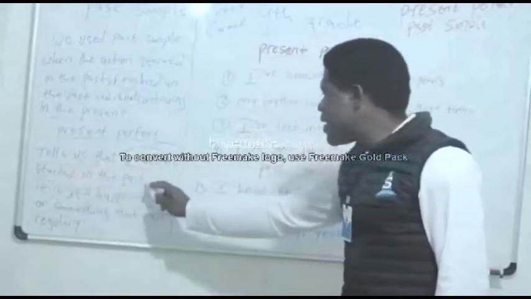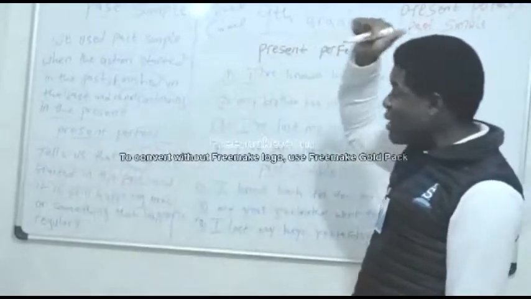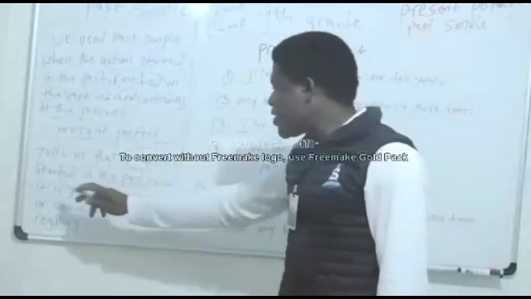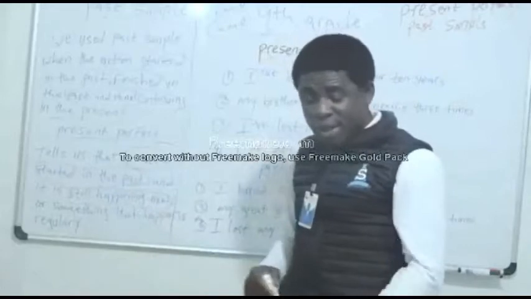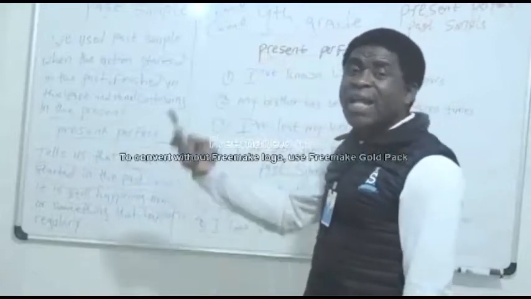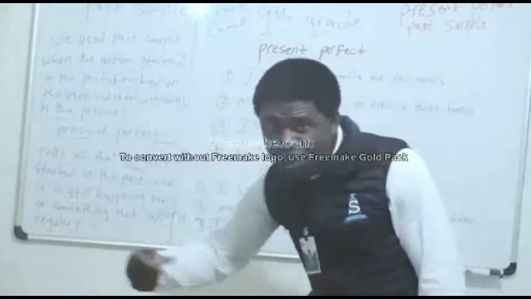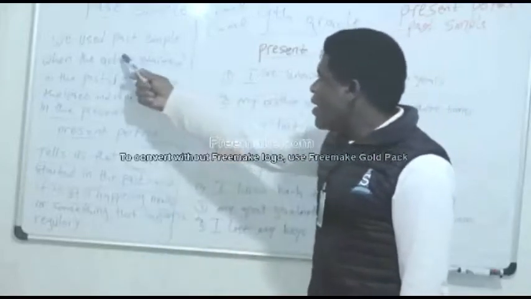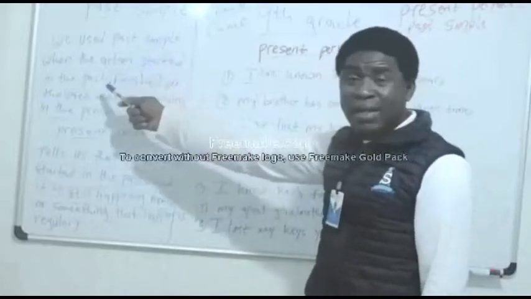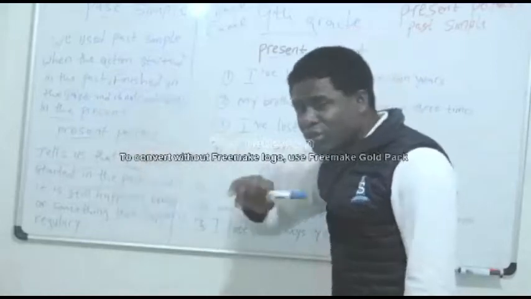It means there is an action started in the past and it is still happening now. It means an action started in the past and the action continues. Past simple says an action started at the past, finished in the past and not continuing.